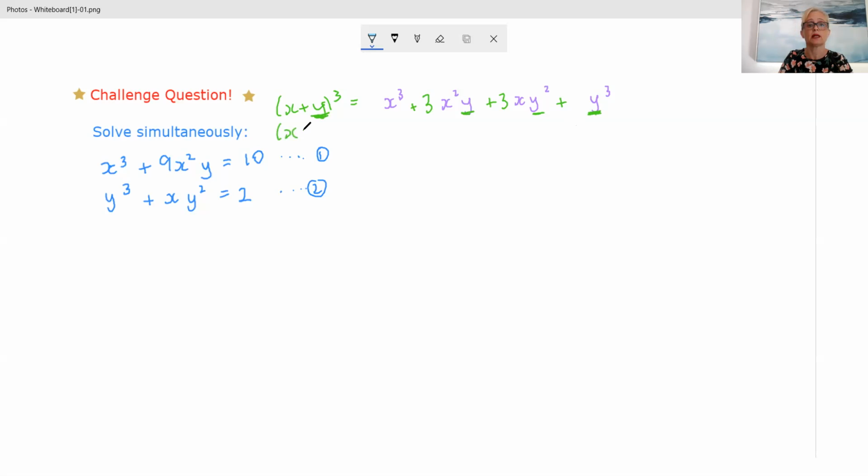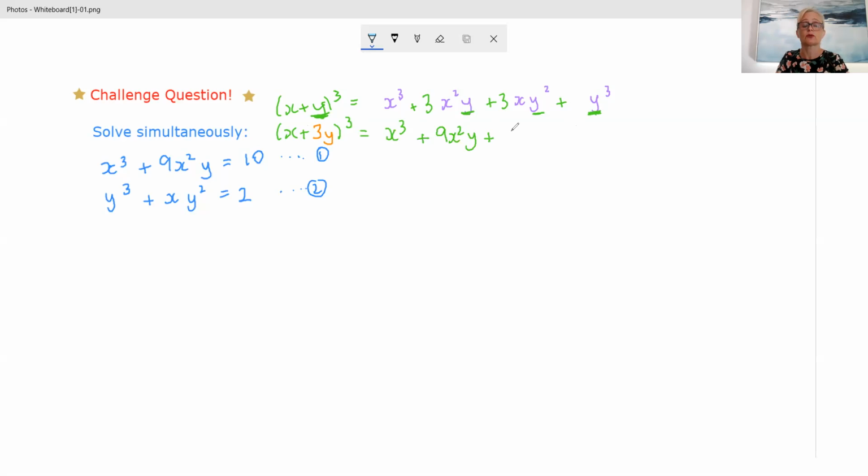So x plus, let's do our 3y all cubed. So what would that give us? Well, it'll give us our x cubed plus 3 times x squared times 3y. That gives us our 9. Oh, that's looking promising. Okay.